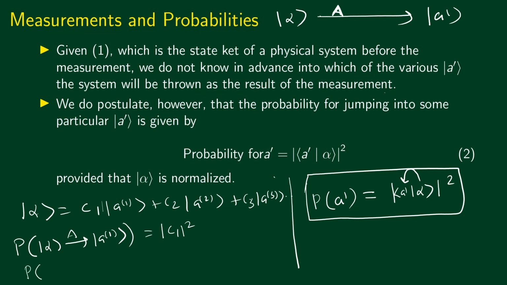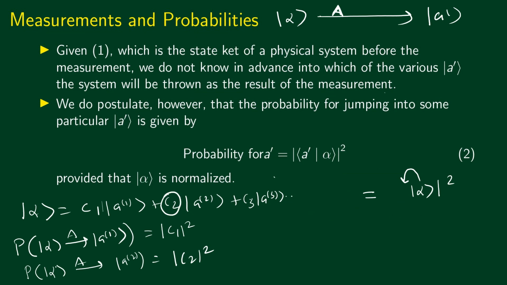Similarly, the probability that the initial ket will change to A2 is given by modulus C2 square, the corresponding expansion coefficient here. These expansion coefficients determine the probabilities.